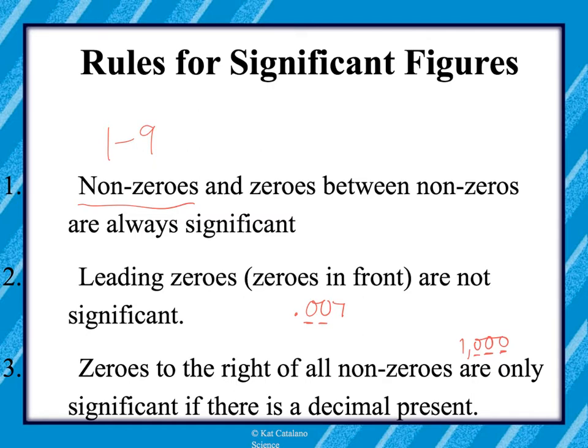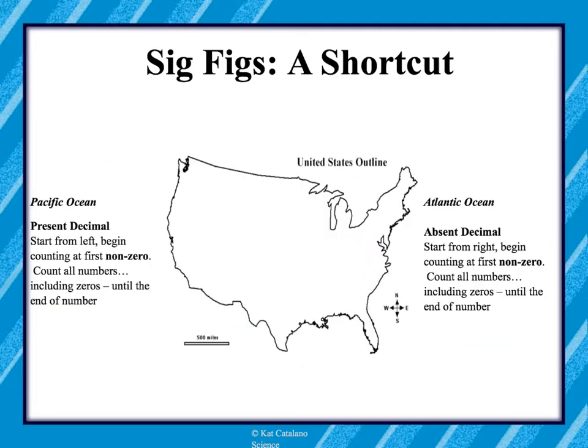That being said, I don't want you to focus too much on these rules, because I'm going to show you a shortcut. So in order to use this shortcut, you need to know a little bit of geography, starting with the location of the Pacific Ocean compared to the Atlantic Ocean.